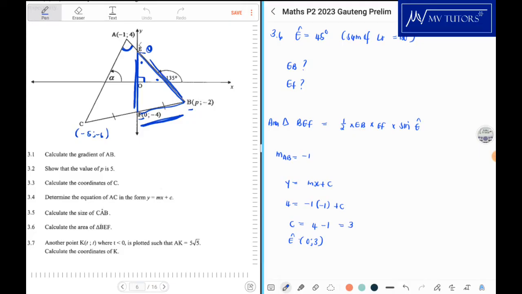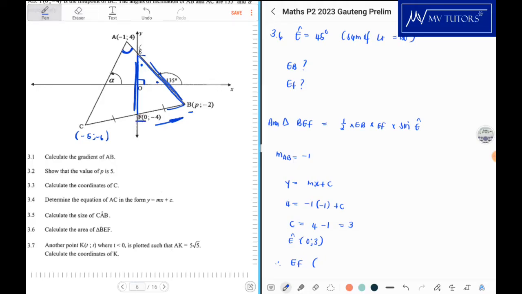We can then get the distance EF, or the length of EF. Okay, so therefore the length of EF is going to be straightforward. I hope that you see it. But basically, if F is -4 and we have 3 here, the distance really between E and F would be 7.